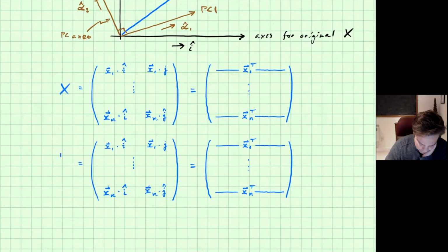This is the matrix Y. We're still taking the dot product of the observations that you could label as x1 and x2 and so on, so we can leave those x's there. But what's different here is this is not i hat and that's not j hat. Oh, those are supposed to be hatted. Sorry. But instead, those are alpha 1 and alpha 2.